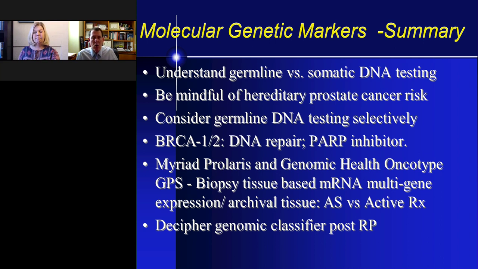What we've learned over the last 5 years or so is that many men with early stage prostate cancer, particularly low grade prostate cancer with lower PSA levels, may have an indolent, non-aggressive form of prostate cancer that does not require aggressive treatment. And these cancers can be monitored over time without aggressive treatment, and that concept is called active surveillance.